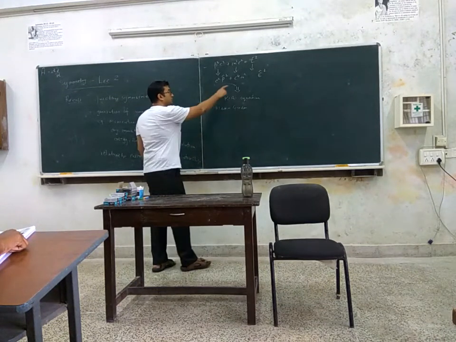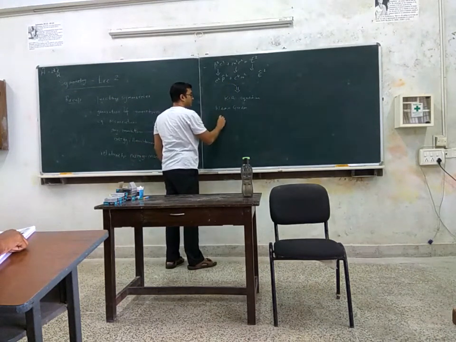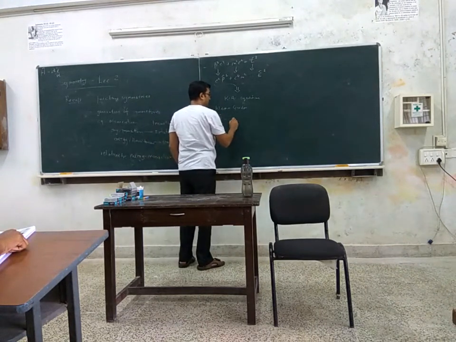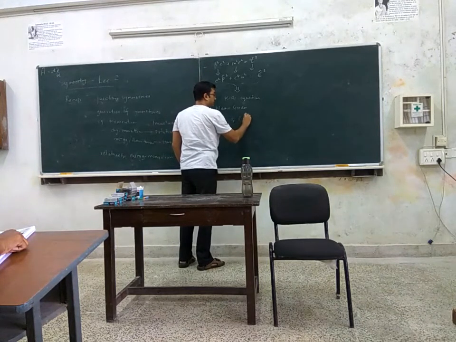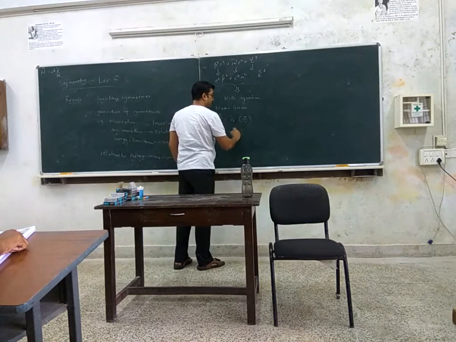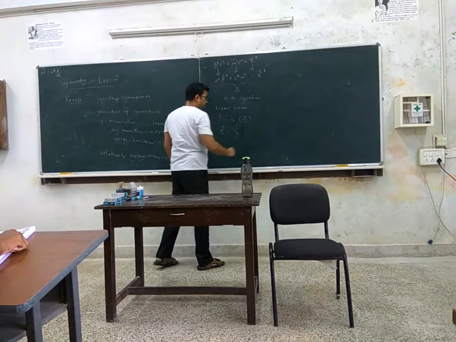So what you do is for p you replace momentum, or in general the gradient operator. For E you put the time derivative, right?